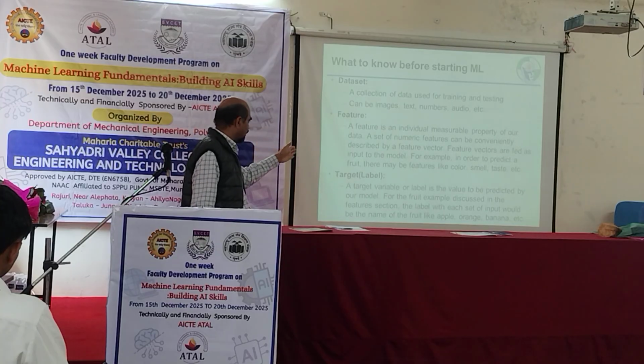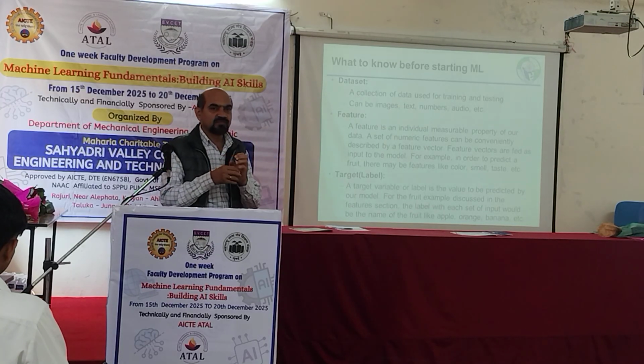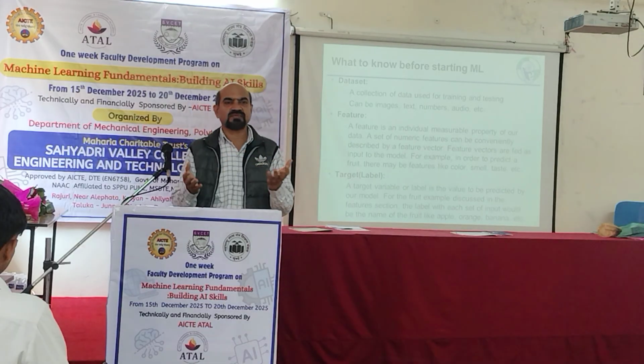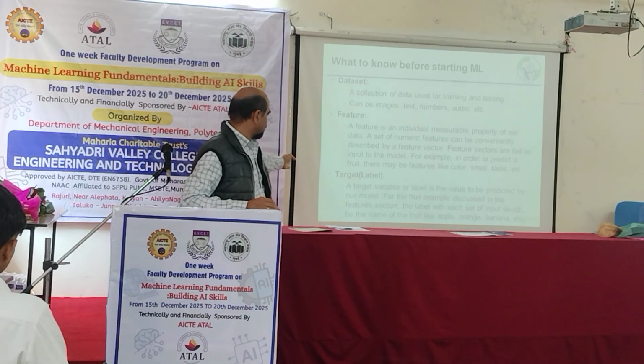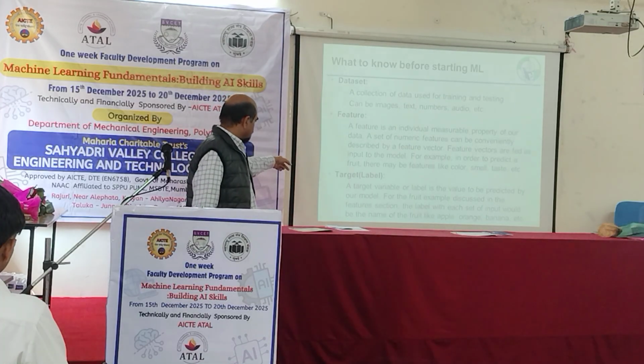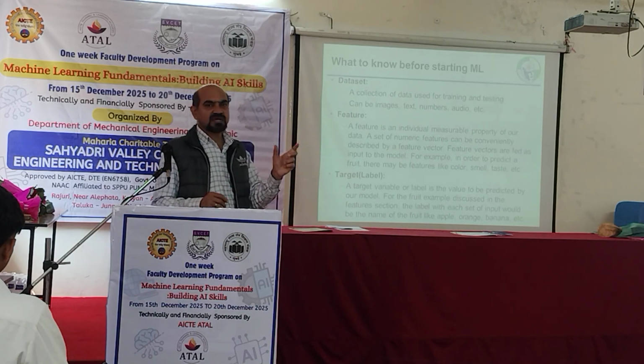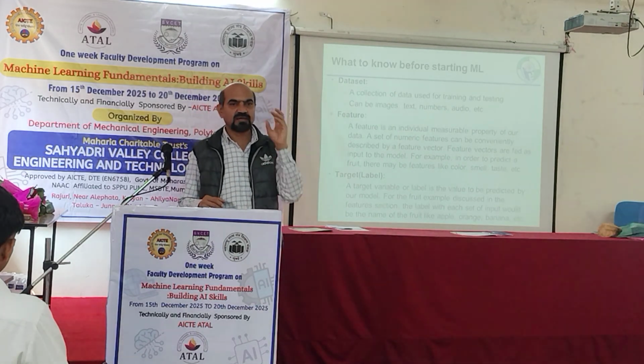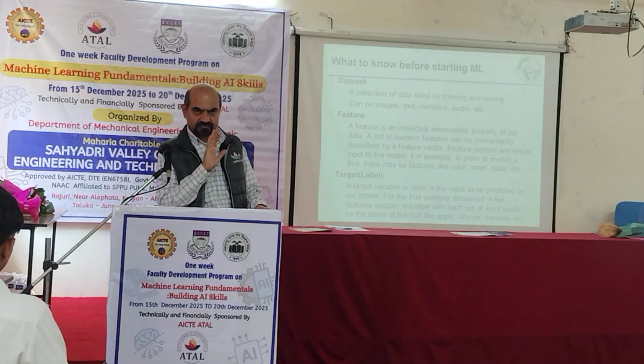Target variable or label is the value to be predicted by our model. हमारा मॉडल बताएगा कि एप्पल है, ऑरेंज है. For example, the label with each set of input will be named. If fruit है, कौन सा fruit है, एप्पल है, ऑरेंज है, बनाना है, whatever.